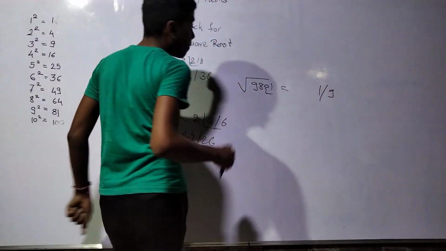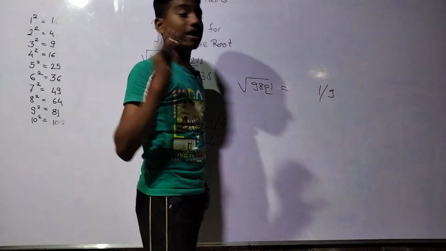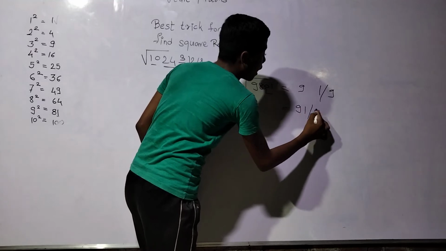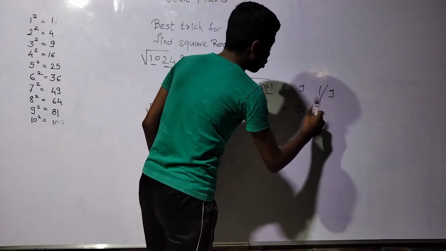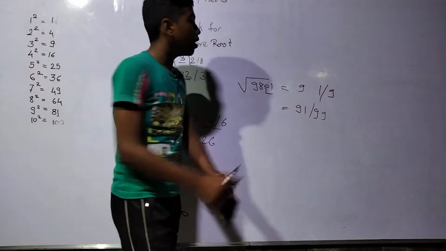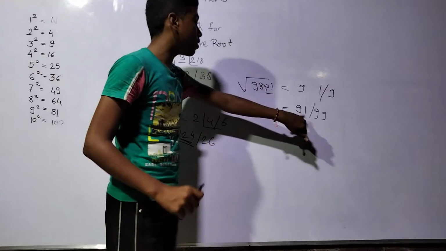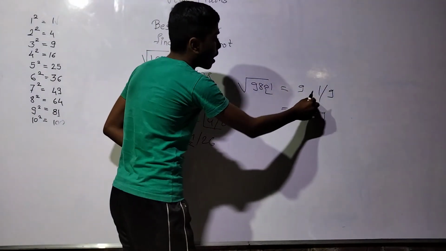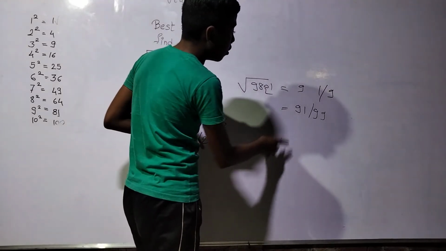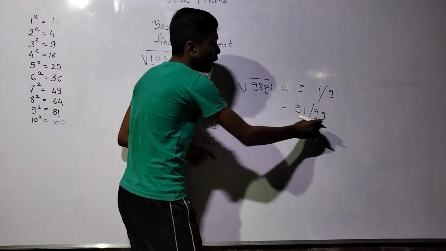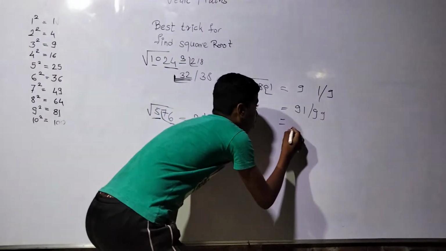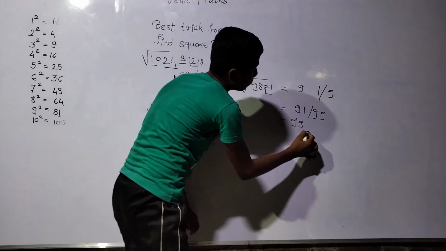The square root of 81 is 9. So the tens place is 9, and the answer will be 91 or 99. The nearest number to 9 is 9, so our answer will be 99.